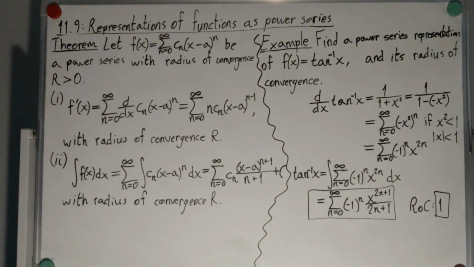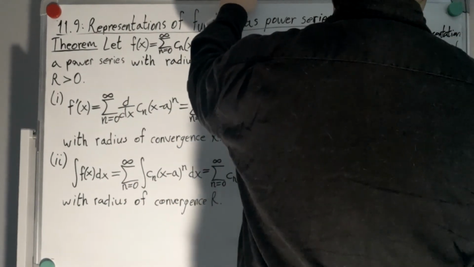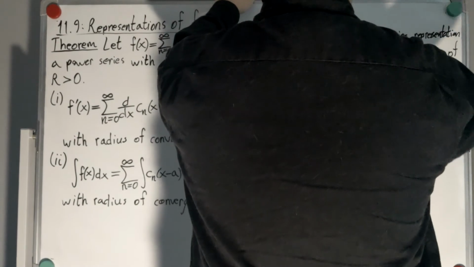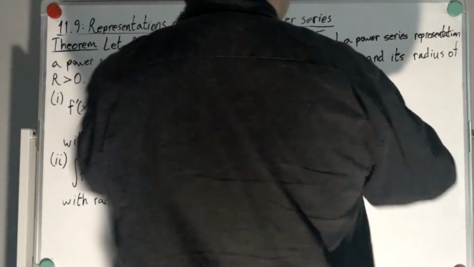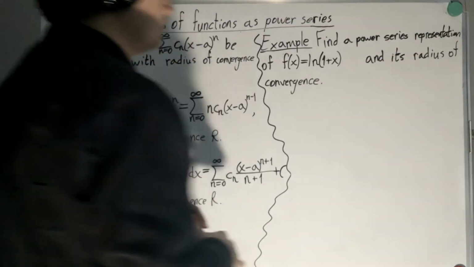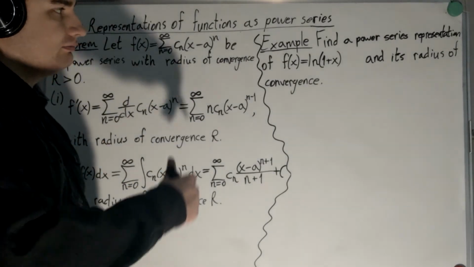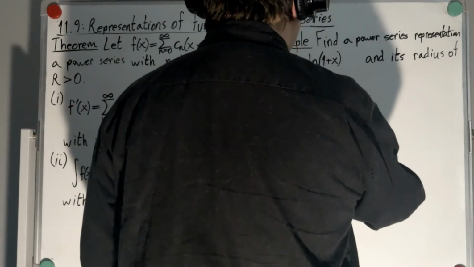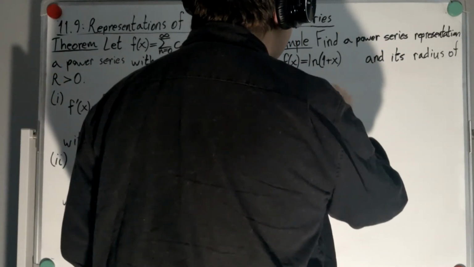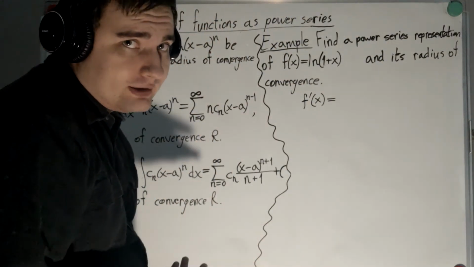Alright, why don't we do one more example like this. This one is going to be natural log of 1 plus x. Well, the derivative of this, f prime of x, would be 1 over 1 plus x, right?